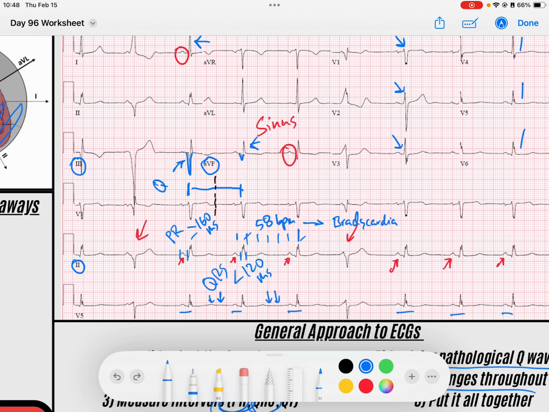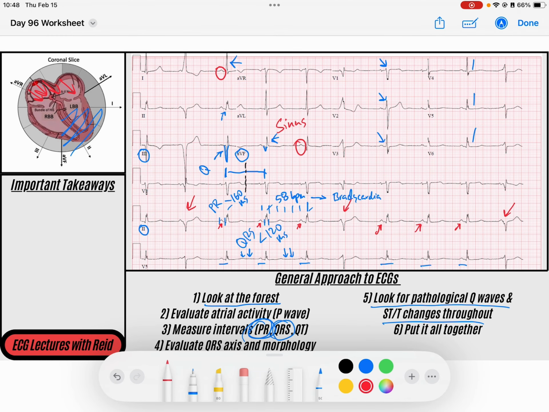Those are pathological Q waves, predominantly in leads 3 and AVF, with a little bit in lead 2. So somewhere in this aspect of the myocardium, there was a previous inferior MI. So we've got a previous inferior MI, and I don't see any other acute ST or T wave changes.